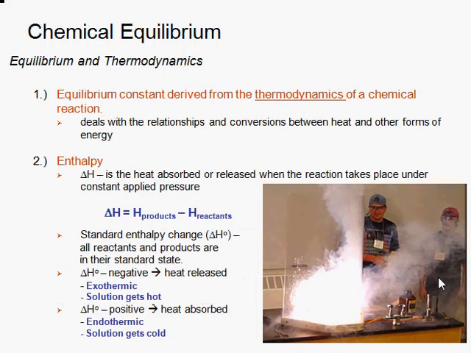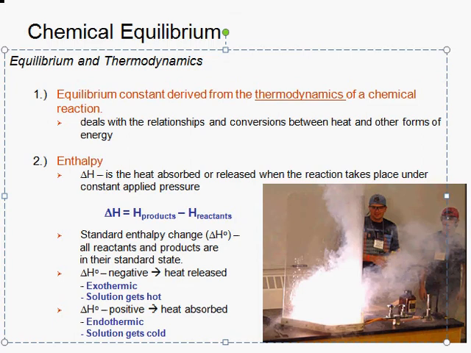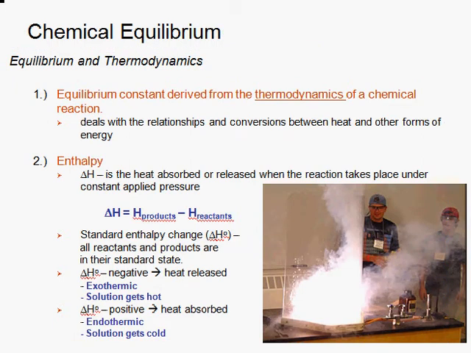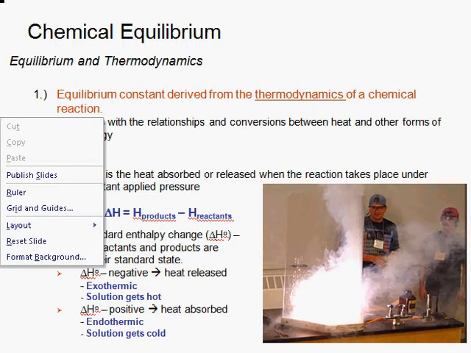Let's see the equilibrium and thermodynamics. Equilibrium constant is derived from thermodynamics of a chemical reaction, which deals with the relation and conversion between heat and other forms of energy. Let's talk about the enthalpy. Enthalpy, which is represented by delta H, is the heat absorbed or released when the reaction takes place under constant applied pressure.